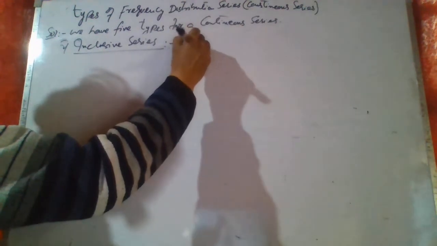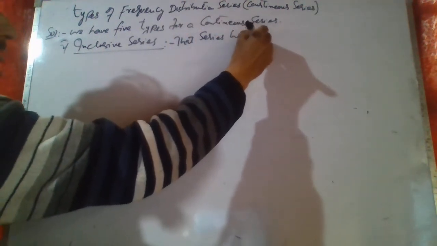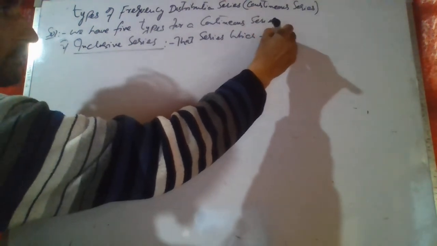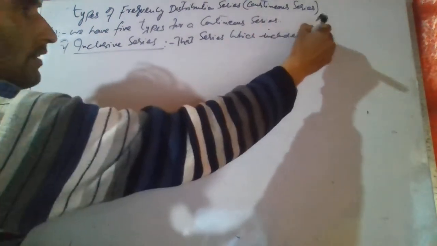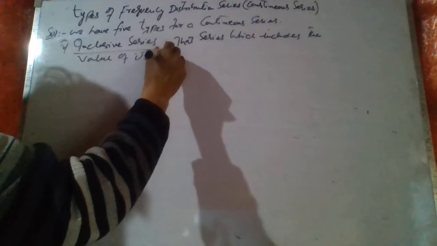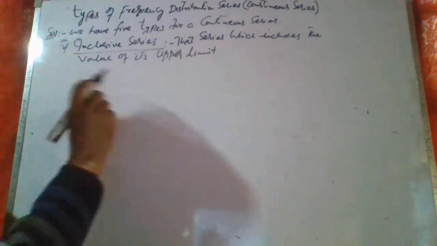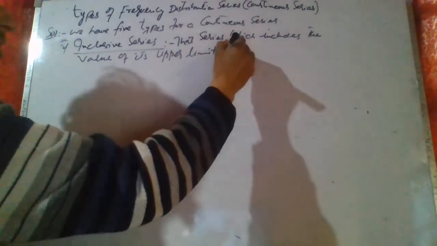Inclusive series is that series which includes the value of its upper limit.